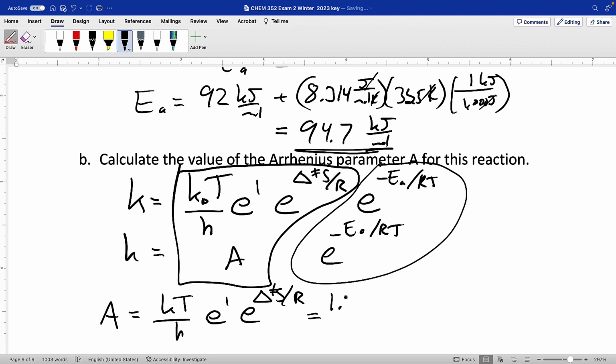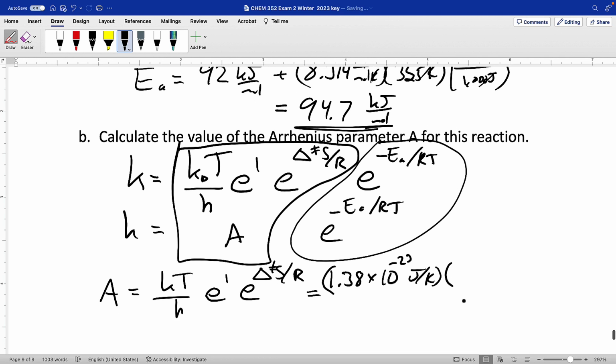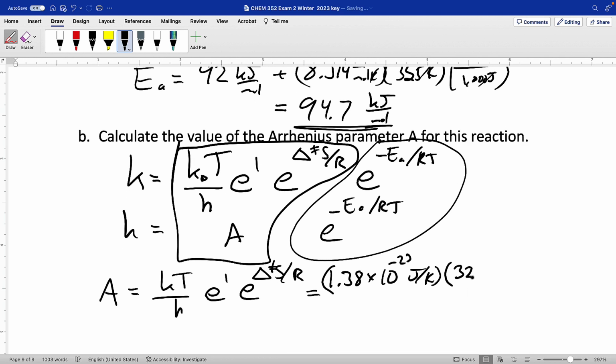So we've got 1.38 times 10 to the negative 23 joules per Kelvin. And if you do make a mistake like that, you'll catch it when you do your units. We were at some specific temperature. We were at 325 kelvins. And on the bottom we've got Planck's constant 6.626 times 10 to the negative 34 joule seconds.